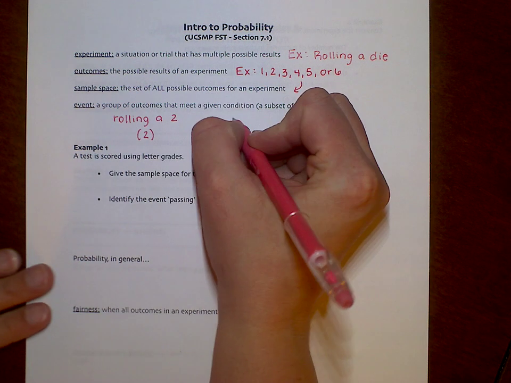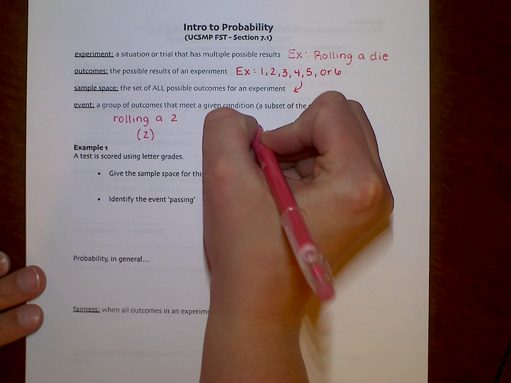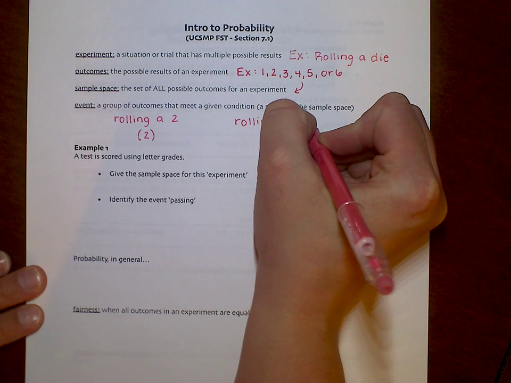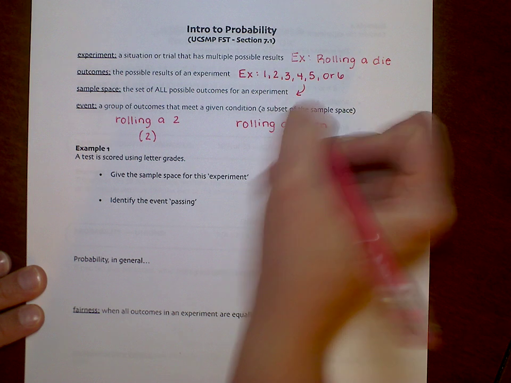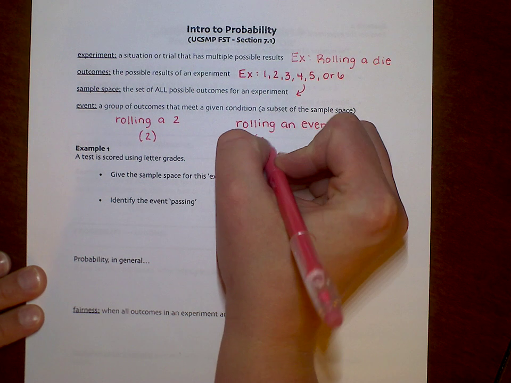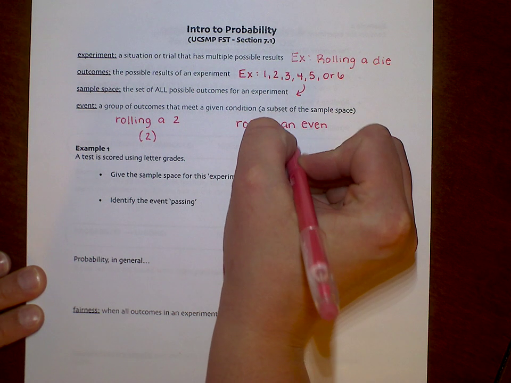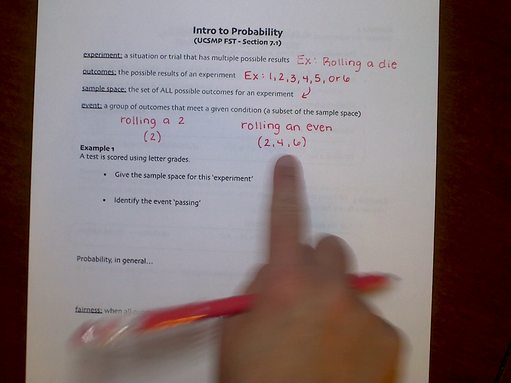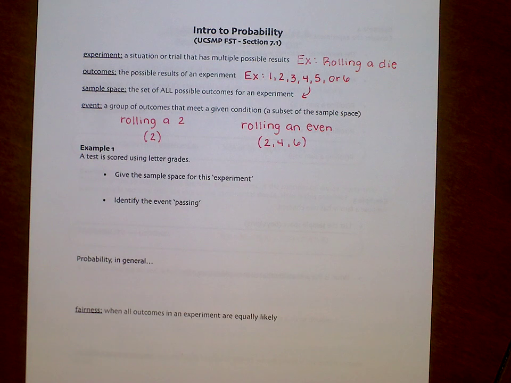You could also have an event like rolling an even number. And so there's a whole set of outcomes then. It could be a 2, a 4, or a 6, and that event would have occurred. Okay, so outcomes are the individual things that can happen, but you can group together outcomes to make an event.